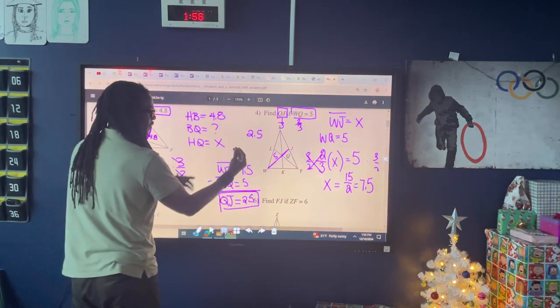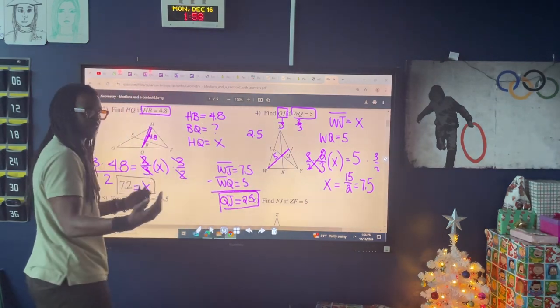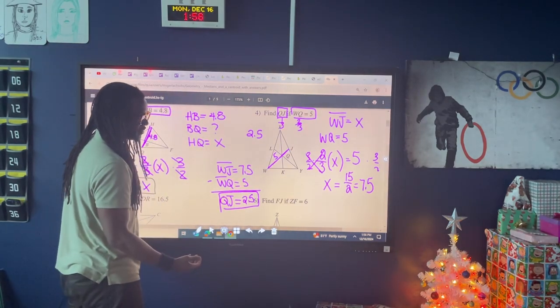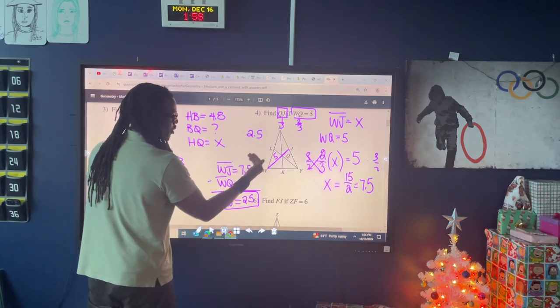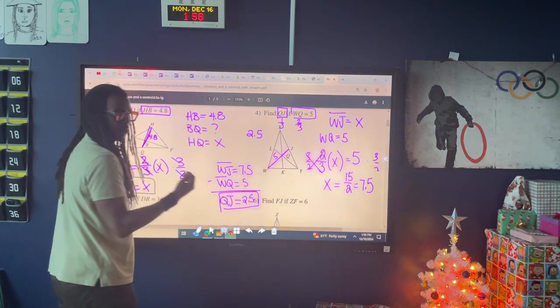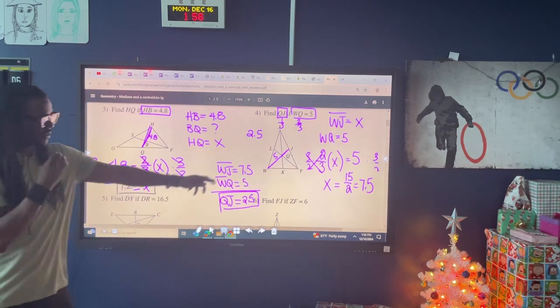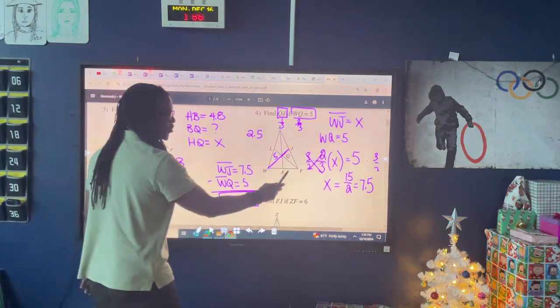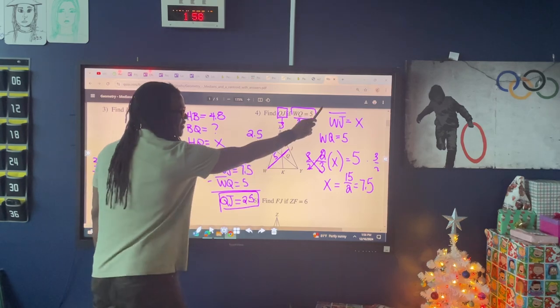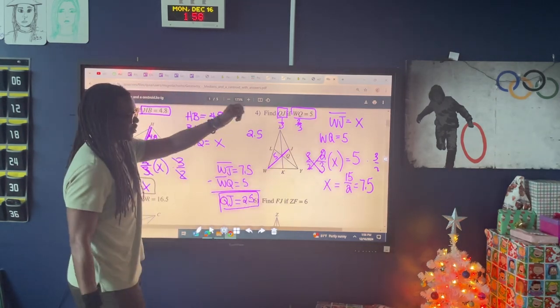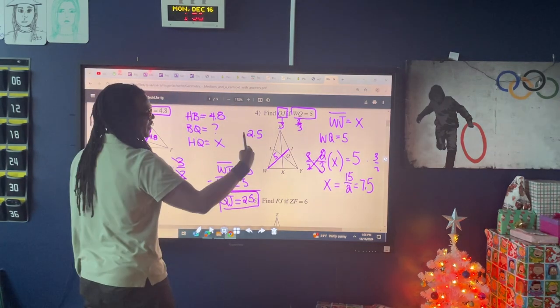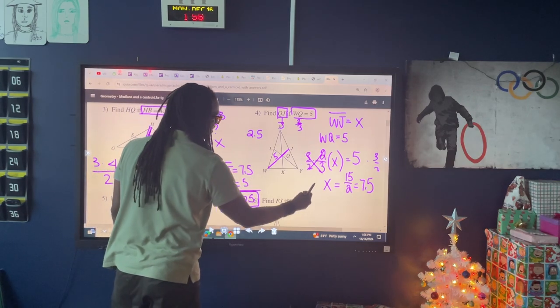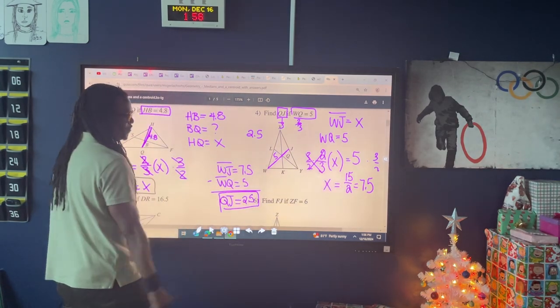So therefore, the entire distance, as we discussed, was 3/3. They gave us 2/3 of it, which was already equal to 5. So all you had to do was multiply 2/3 times the X value, which is the entire distance. Take the reciprocal of each one, and your X value becomes 7.5.